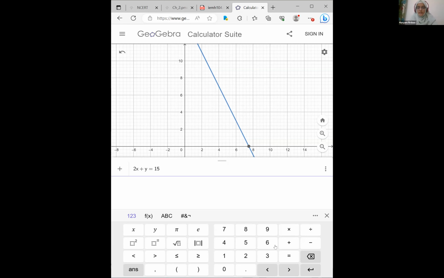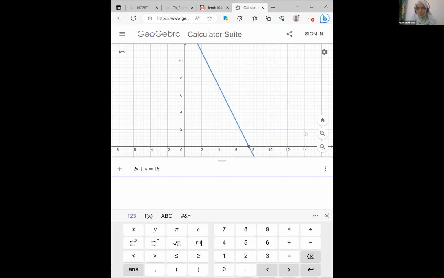Okay. Let's come back to this. 2x plus y equals 15. Did you notice that the moment I write equals 15, the graph changes? When I do 2x plus y equals 1, it's coming over here. And the moment I write 15, it becomes like this.